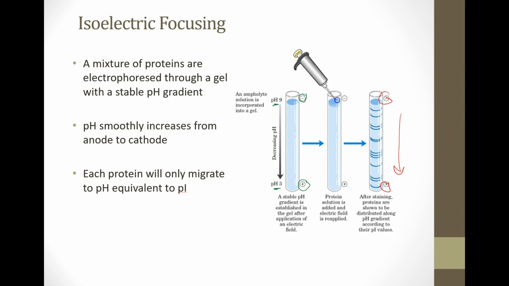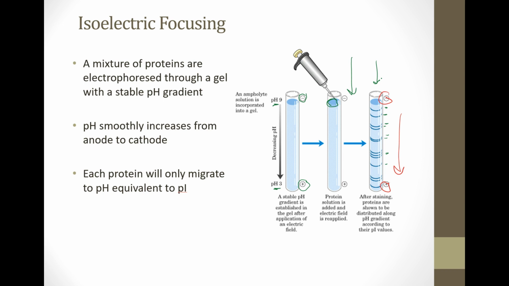You load your proteins on top, and then you apply the field, and as they migrate, as they hit that isoelectric point, they stop moving, so they don't run off the gel, and the point at which they stop moving corresponds to the pH at which they're no longer carrying a charge. So you're separating in one dimension based on the pH at which they are not charged.